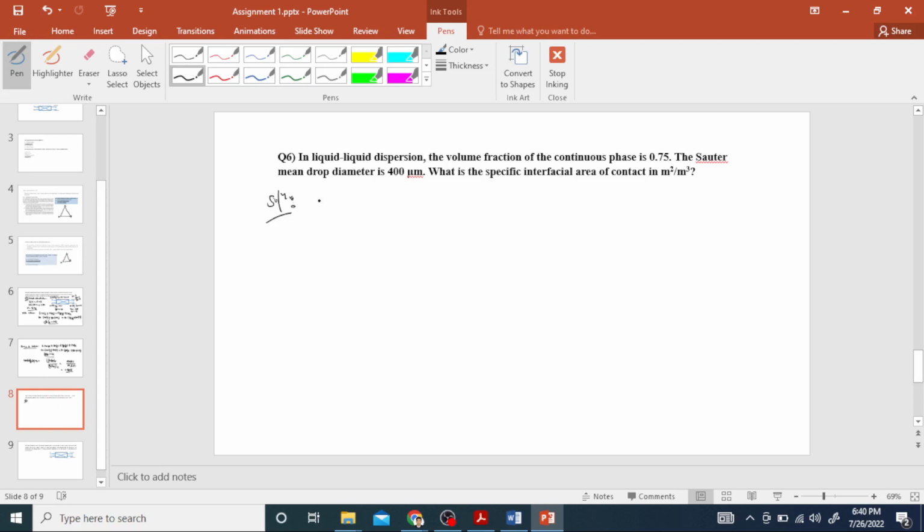So given: 1 minus phi is equal to 0.75, and d32, the Sauter mean drop diameter, is 400 micrometer.